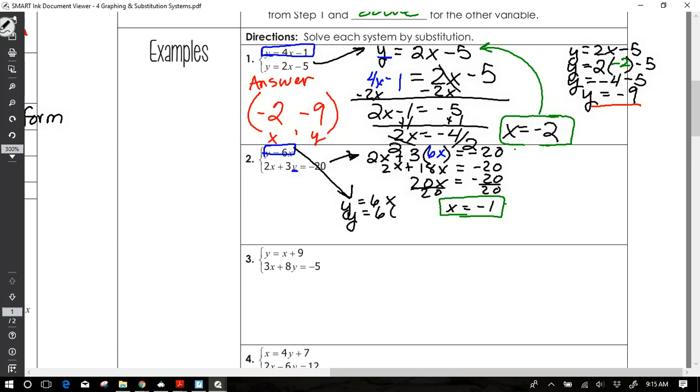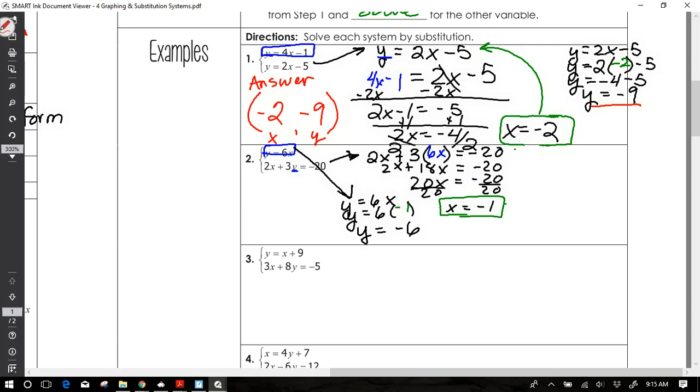So now I would have y equals 6 times negative 1. You can choose which equation to plug the first variable that you solve for back into. I like to choose the equation that is just the easiest to solve for. In this case, it was just 6 times negative 1, and I know that equals negative 6, so I didn't have to do a lot of work.